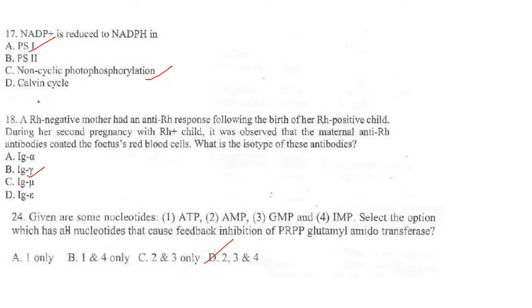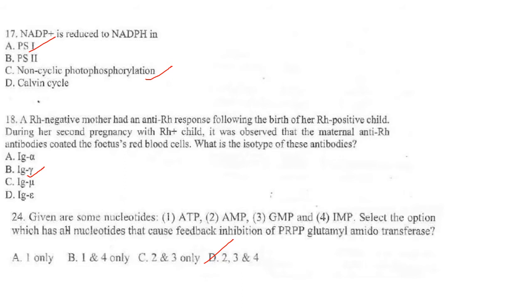What is the isotype of these antibodies? Erythroblastosis fetalis is caused by destruction of red blood cells of the neonate or fetus by maternal IgG antibodies. So here it is IgG, gamma. Answer is option B.